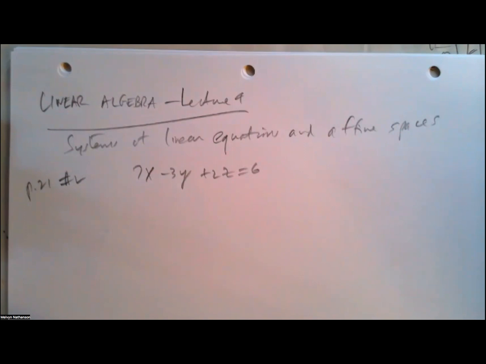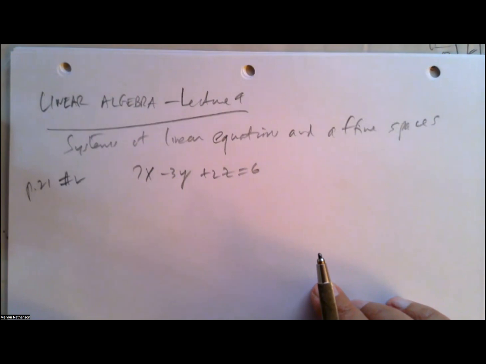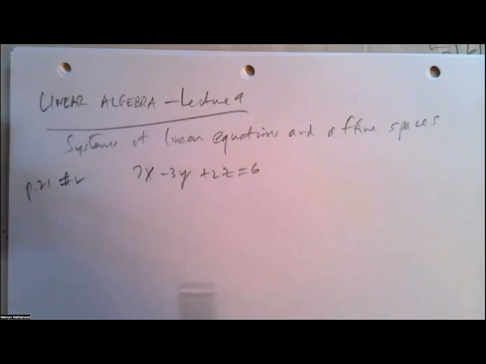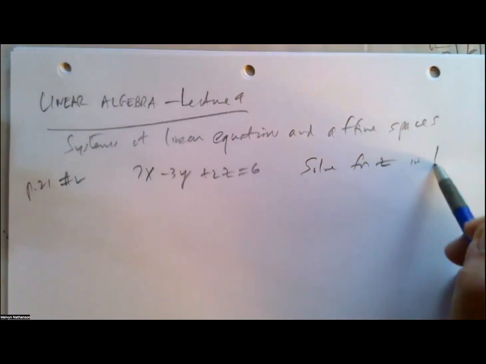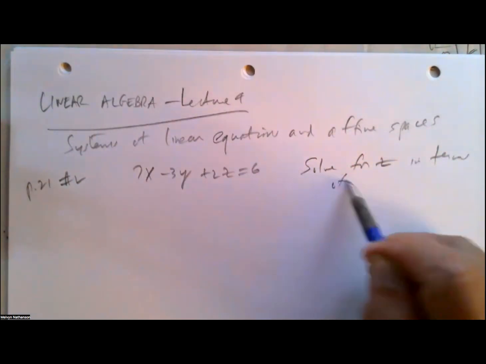There are many, many different ways that we could solve the equation. The simplest is you solve for one variable in terms of the others. So let's say we solve for z in terms of x and y.